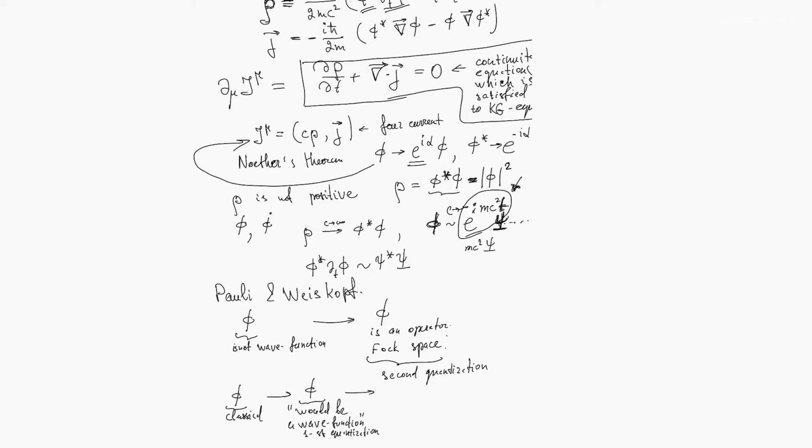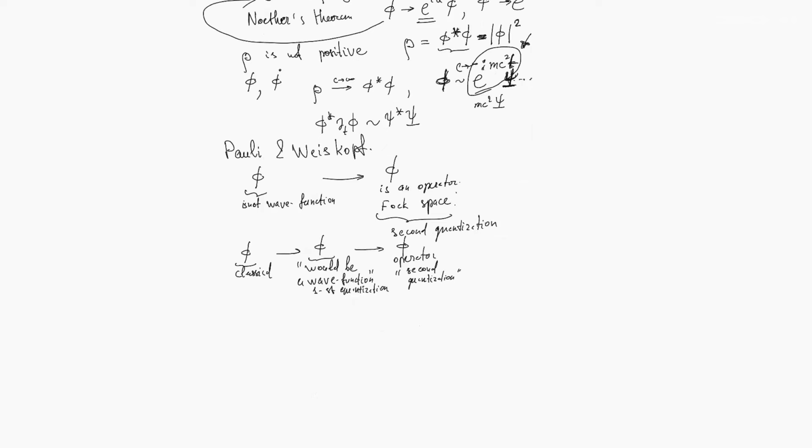So making phi an operator would be what we would call the second quantization act, or simply second quantization: promotion of a wave function to an operator acting in the Hilbert space. So we quantize the wave function, and that's why this is called second quantization.